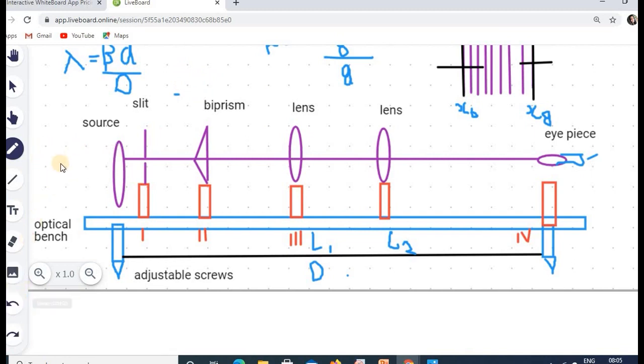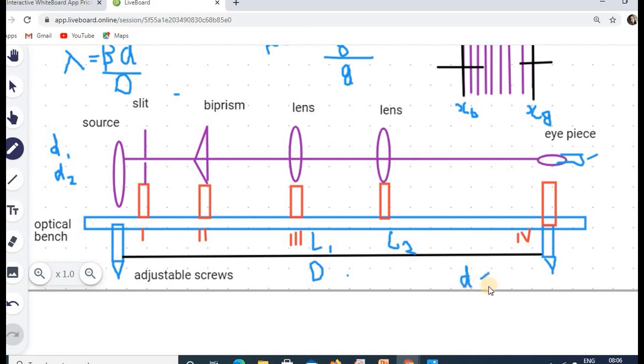At position L2, you can observe again two real images of the source, which is assumed to be the virtual source, and I can name that distance D2.